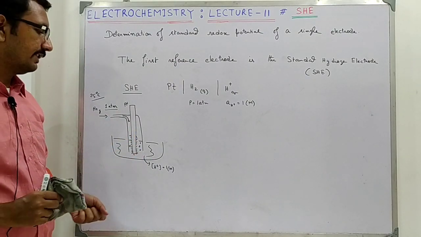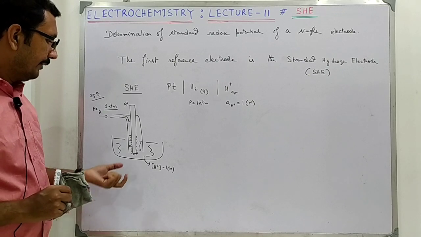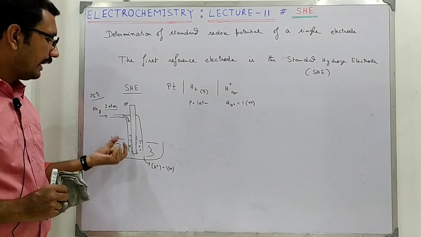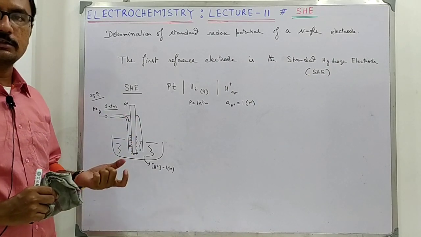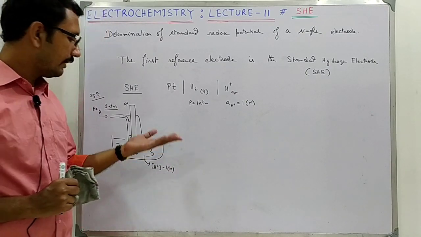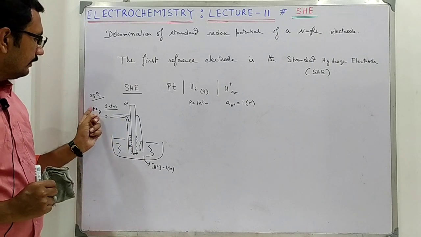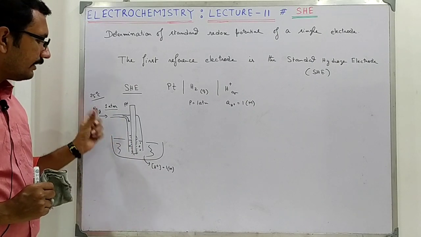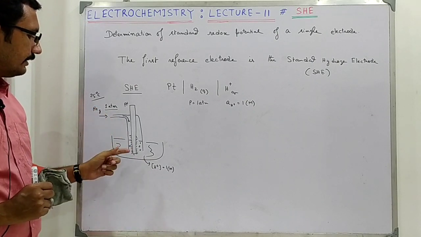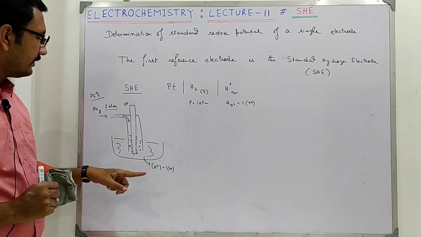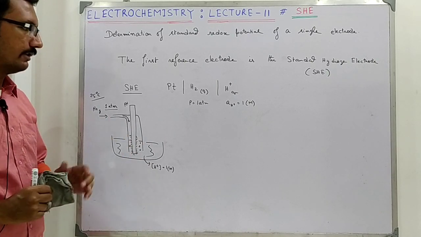What is the function of that? Platinum black has a large number of micro tunnels which actually increases the surface area. Now, with increase in surface area, it will increase the rate of reaction for the osmotic pressure and the electrolytic solution tension.